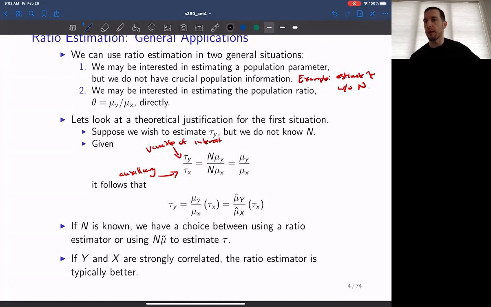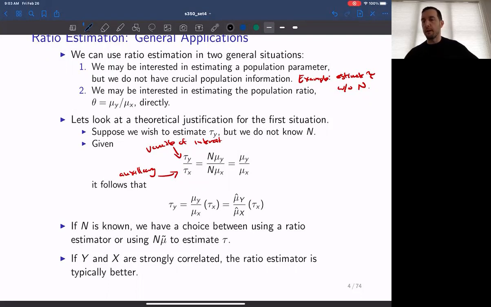It also allows us to include information from what we would call an auxiliary variable into our estimation strategy. This auxiliary variable is typically a variable that is strongly correlated with the variable of interest, which just means that it would add information rather than take information away from the estimation procedure.